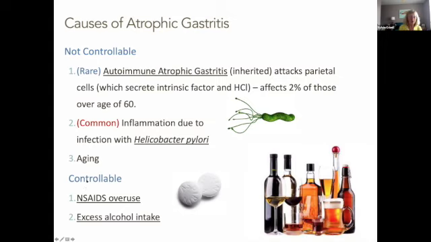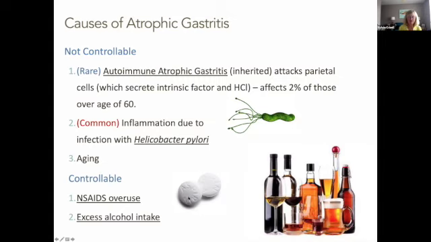So what's controllable is not consuming too many non-steroidal anti-inflammatory drugs. I know we talk about these in a lot of our classes. This is a category of drugs that is not a corticosteroid. So these are the aspirin, Advil, ibuprofen, those drugs, Motrin, people take for menstrual cramps sometimes.